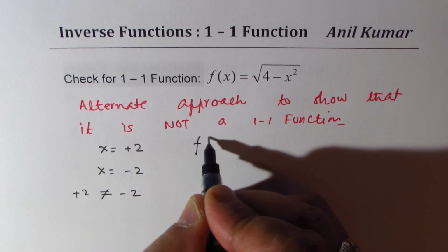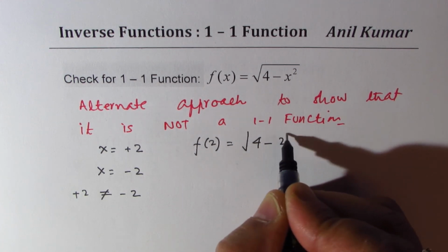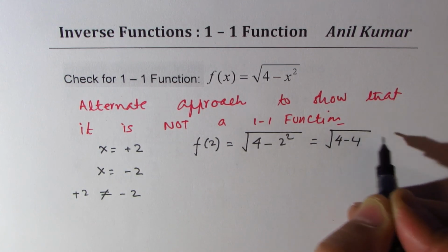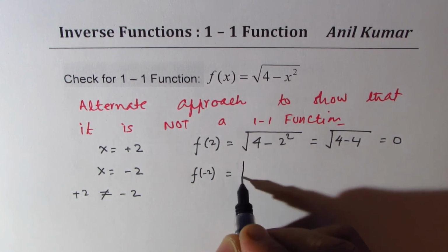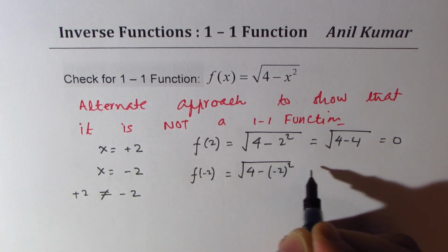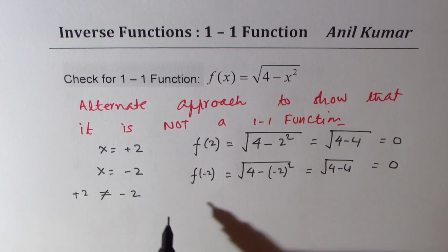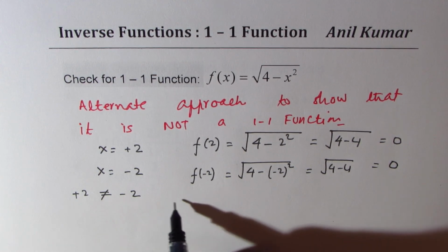But what is f of 2? f of 2 is equal to the square root of 4 minus 2 square, which is the square root of 4 minus 4, which is 0. And what is f of minus 2 equal to? That is also the square root of 4 minus minus 2 square, which is 4 minus 4, which is again 0. So what we notice here is that 2 is not equal to minus 2.